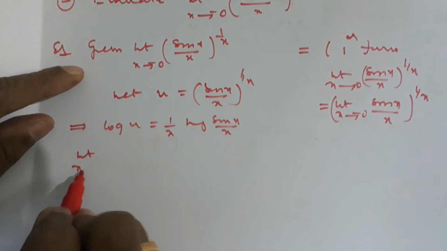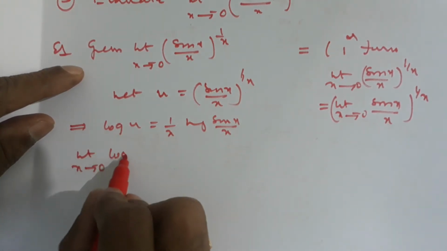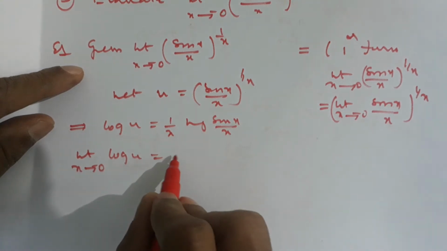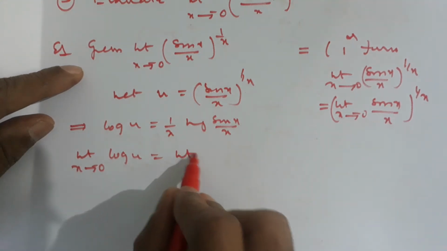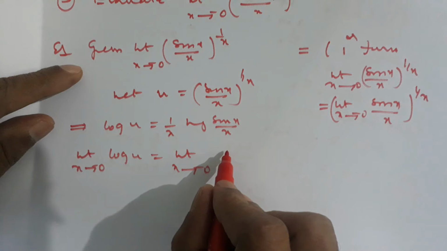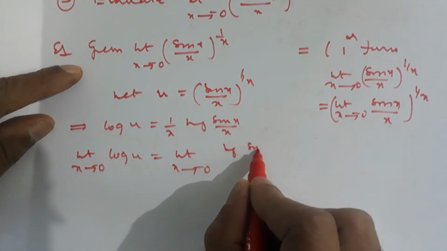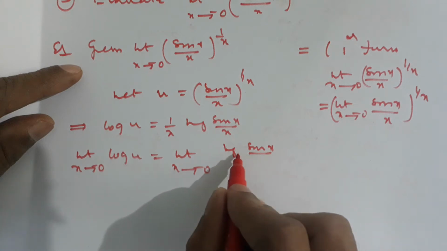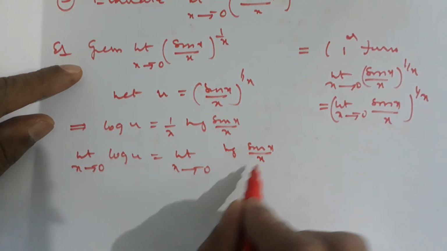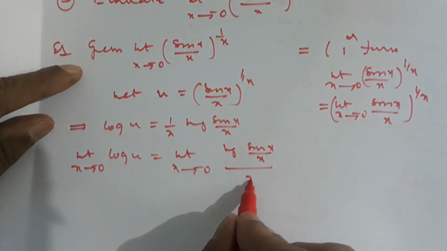Take limit on both sides. Limit x tends to 0, log u is equal to limit x tends to 0, log of sin x by x, whole divided by x.